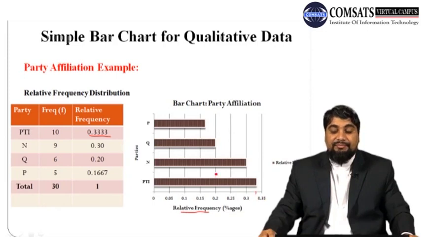Next PMLN 0.3, this is the specific number. In this case the length of the bar will be up to 0.3, and similarly we can construct the bars for PPP and PMLQ.